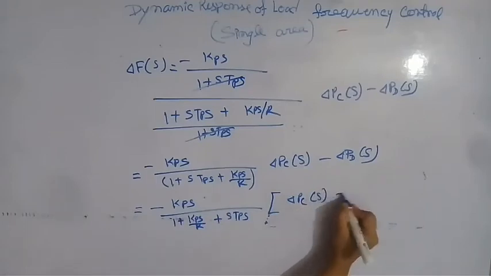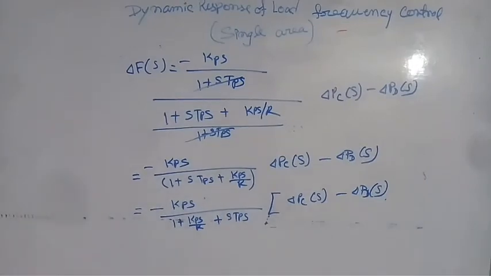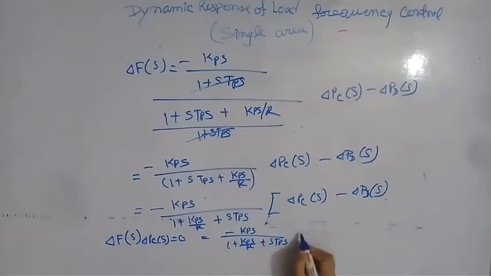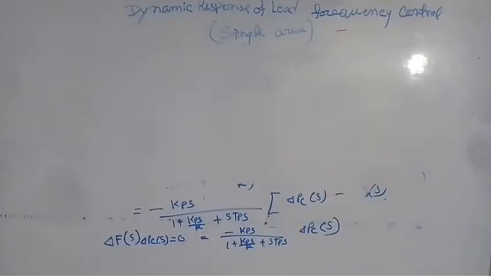So for delta F of S, delta PCS equals 0, this is equal to minus KPS by (1 plus KPS by R plus STPS) into delta PDS, because PCS is equal to 0.